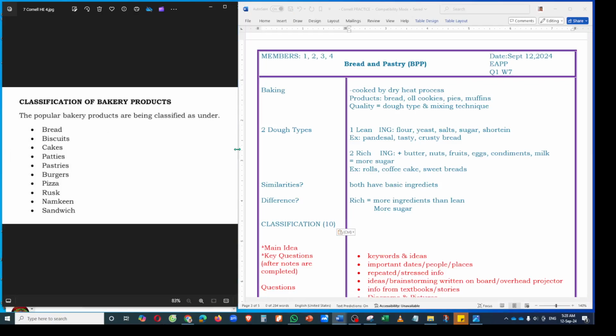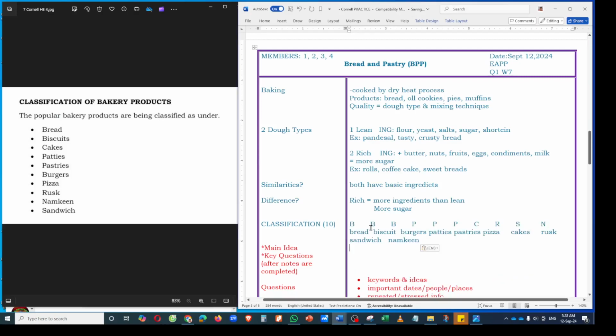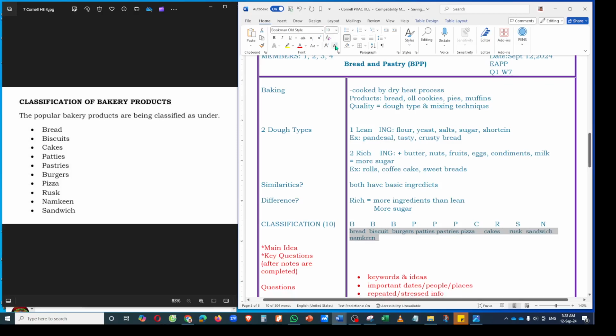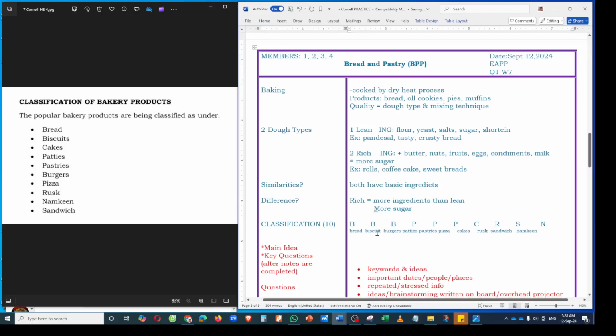In my case, pag meron akong kailangang i-discuss na madami, what I do is I try to make it into something that's easy for me to understand. Example dito, merong tatlong B, tatlong P. I can say B baba baba, papa papa, CR sana, CR and then SN sana.